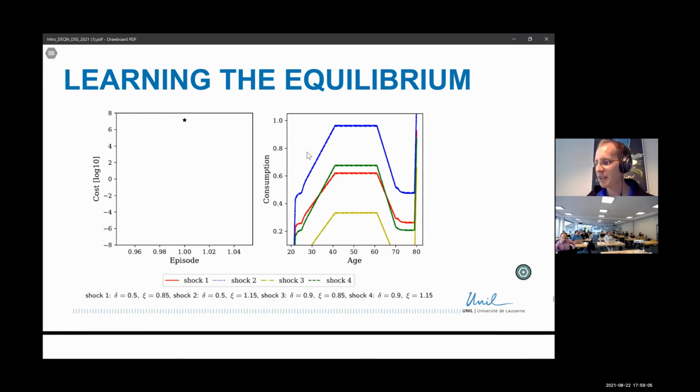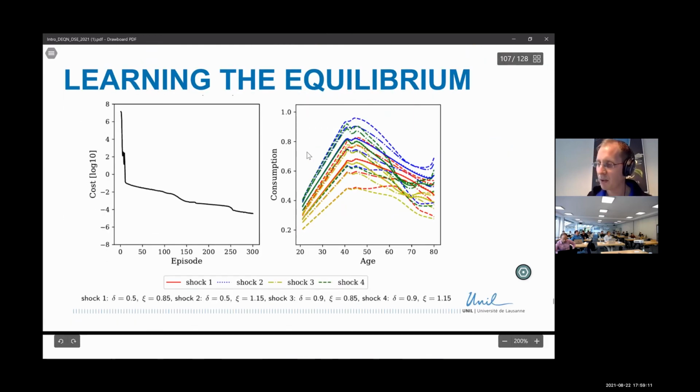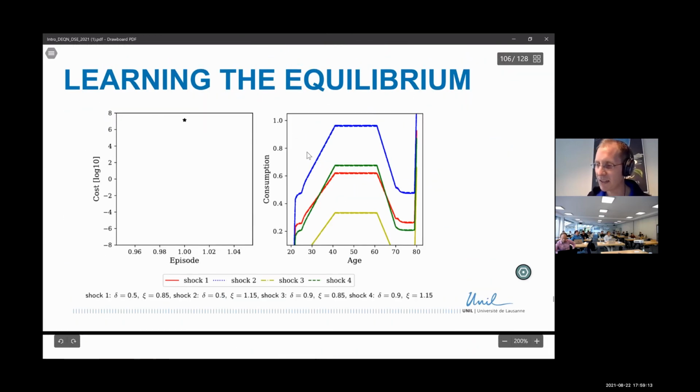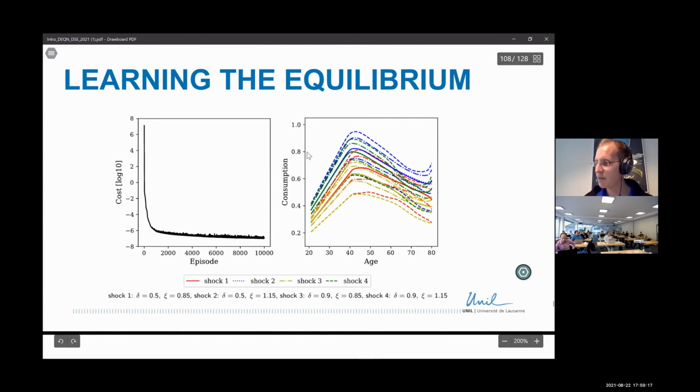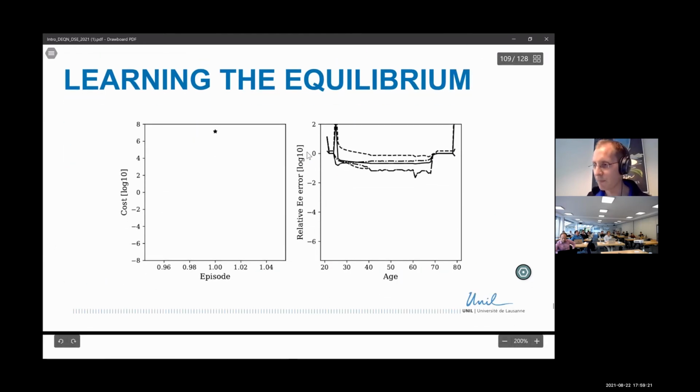Same now if we plot, for instance, the consumption as a function of the different shocks. At the beginning it's complete nonsense. Then the cost function on the left-hand side goes down and you see the consumption start to look reasonable. What I also plot here is the relative Euler error over iteration.